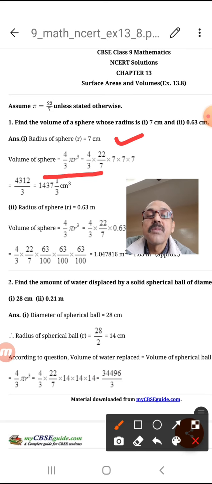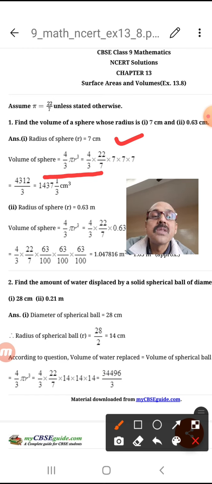So 4 by 3 and pi is 22 by 7, 7 into 7 into 7 because of r cube. And calculating this, we get 4312 by 3 centimeter cube. So this is the volume of the sphere.